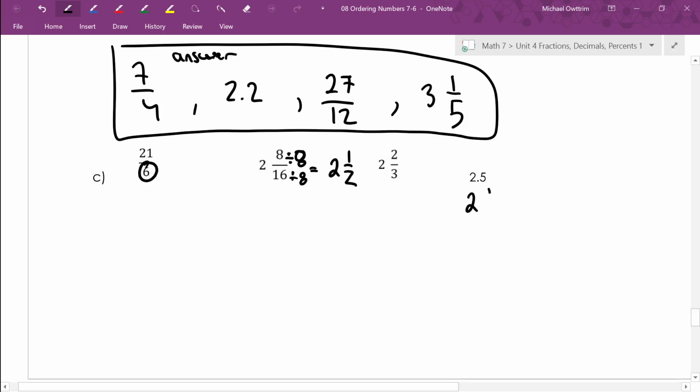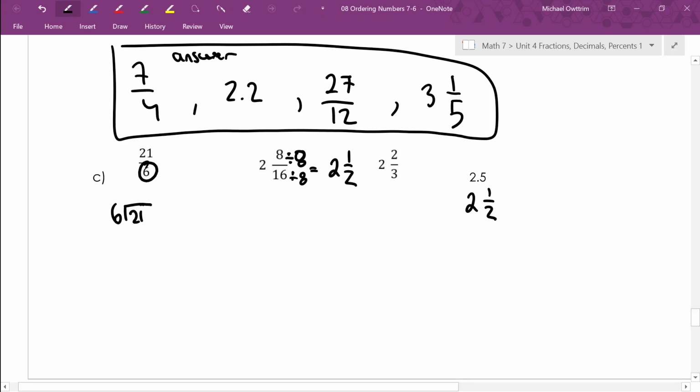2.5 is 2 1/2, so we actually have 2 equal ones in this particular question. And then we need to just deal with the 2 2/3 and the 21/6. First thing I'm going to do is long divide 21 by 6 to figure out my mixed number form.